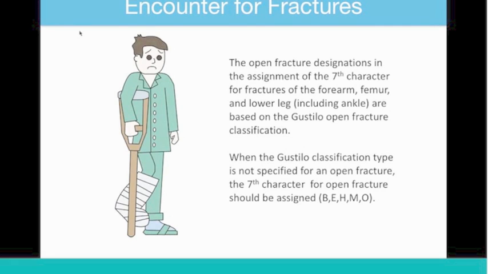When it comes to fractures, initial versus subsequent, the open fracture designation and the assignment of the seventh character for fractures of the forearm, femur, and lower leg, including the ankle, are based upon the Gustilo open fracture classification. When that classification is not specified for an open fracture, the seventh character for open fracture should be assigned with either B, E, H, M, or O.